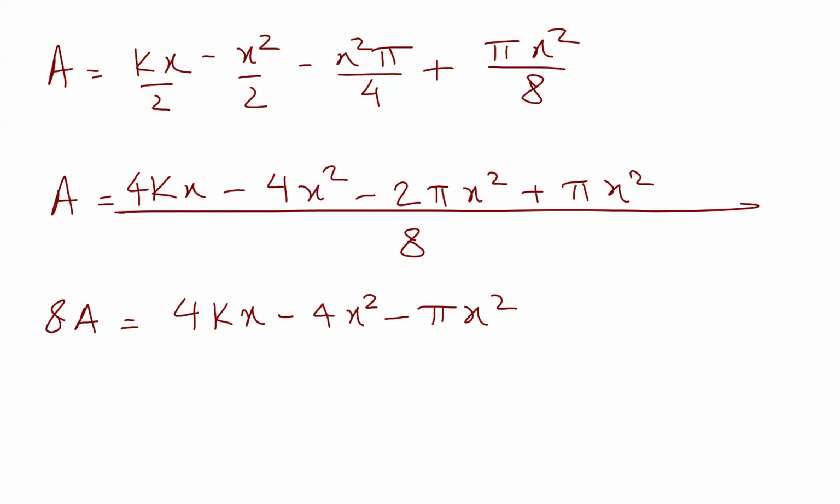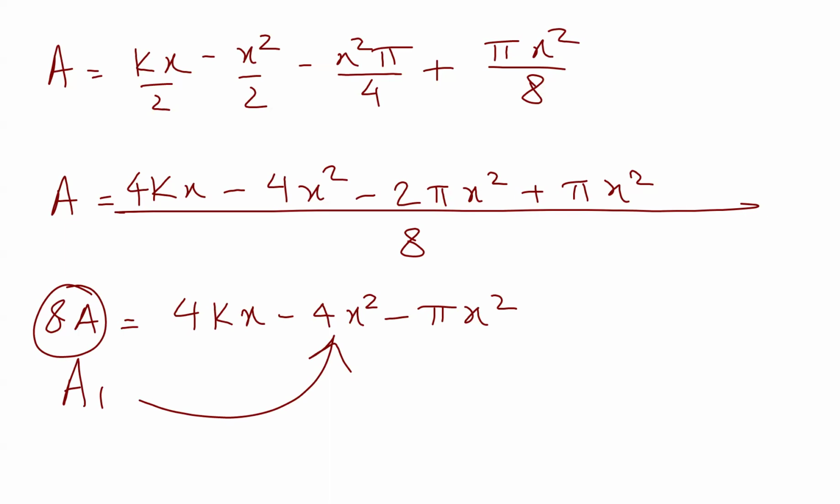Okay. Now let this be a1. So we got the value of a1. 8 is a constant, so I cross multiplied. This is not a compulsion, but I always do this. You people know. So this is a1.